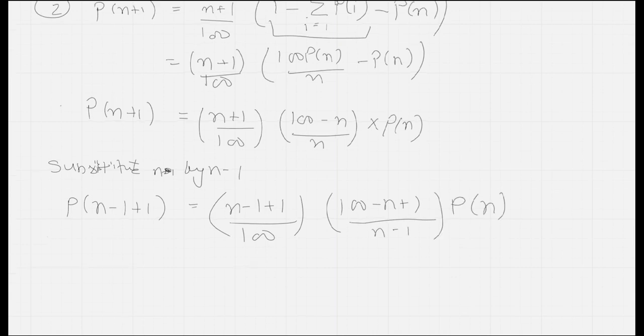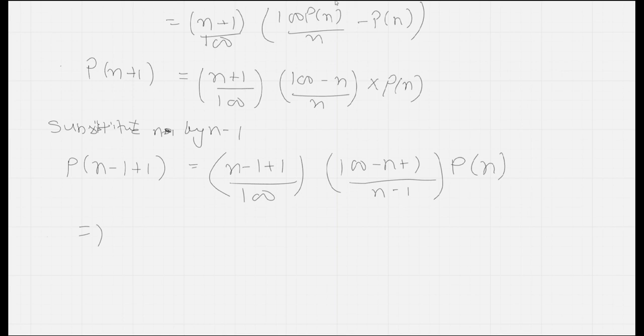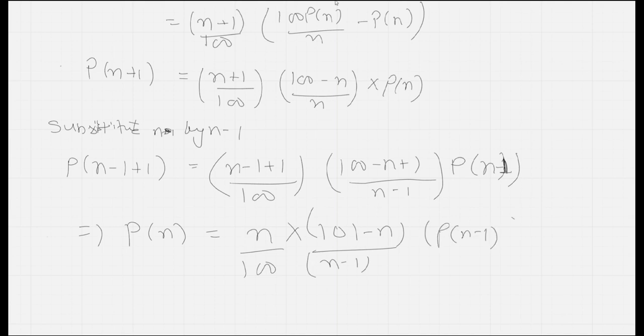Okay, so this n minus 1 here. Actually, my bad. So this is Pn equals n upon 100 into (101 minus n) upon (n minus 1) into P of n minus 1. So we are taking this as a fraction, right?